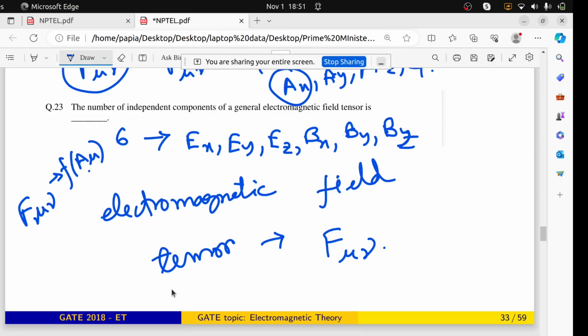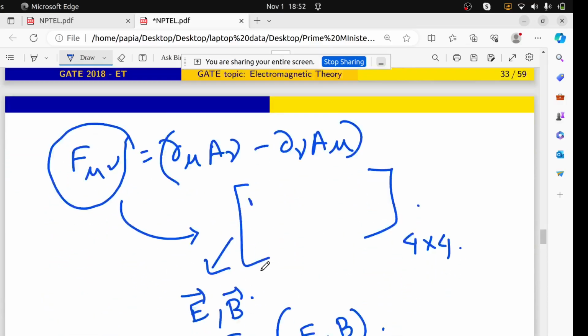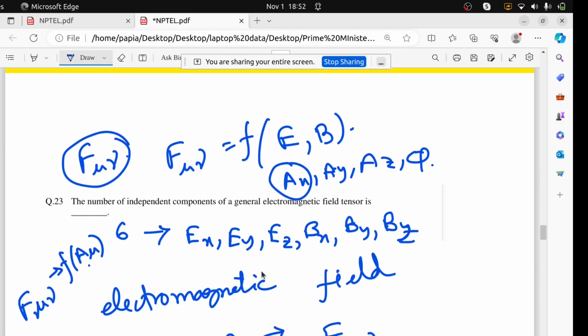So the main general independent components are Ex, Ey, Ez, Bx, By, Bz. I mean, electromagnetic field means combining the electric field and magnetic field. That is the thing. Okay?